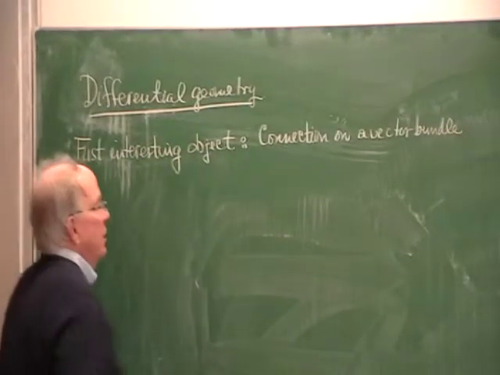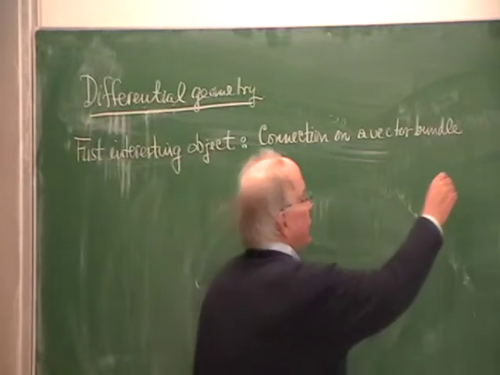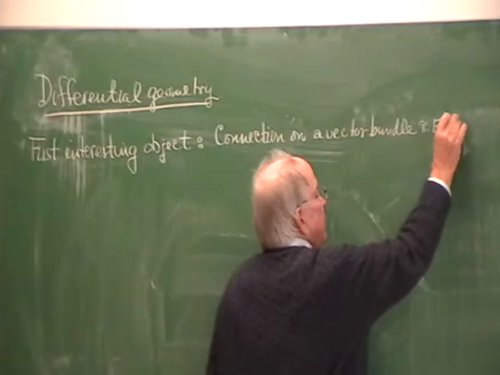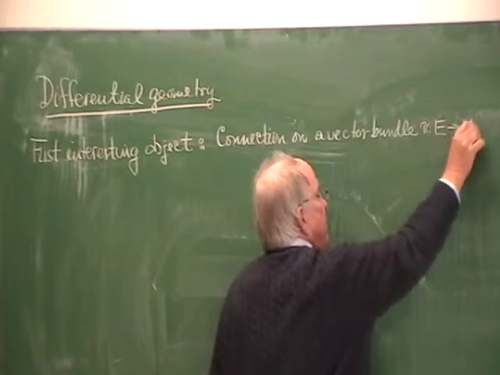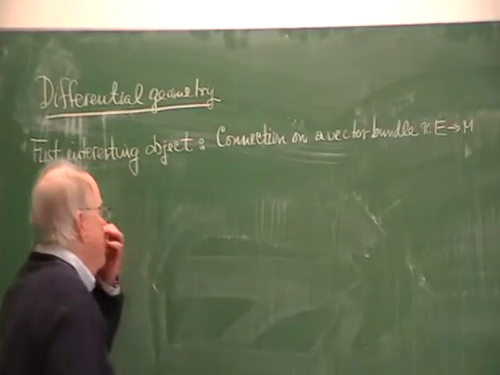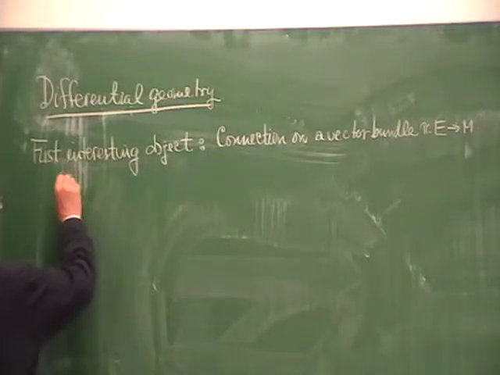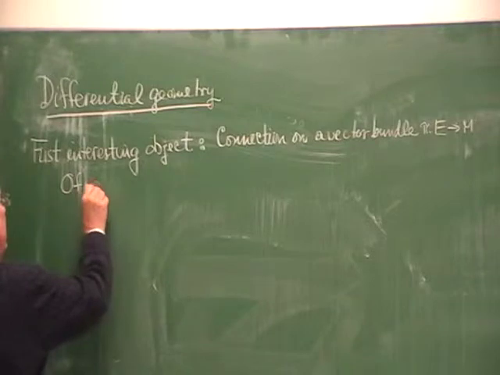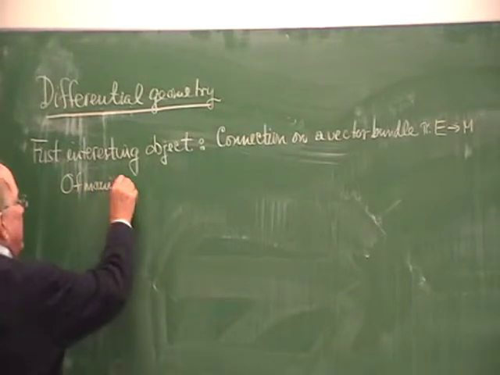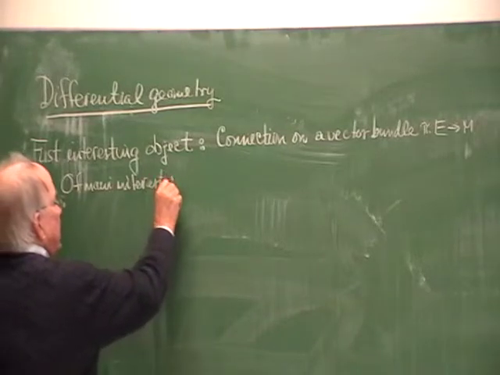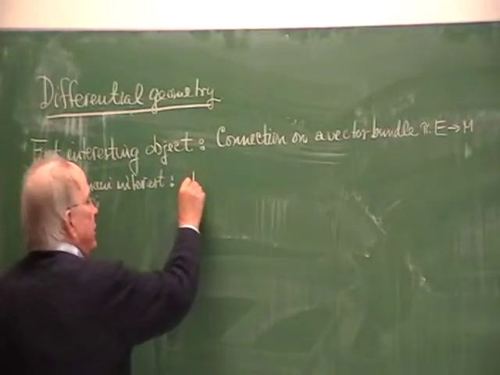Maybe we give the vector bundle some notation, the usual projection from the bundle space to the manifold. And of main interest is the case when the bundle itself is the tangent bundle.